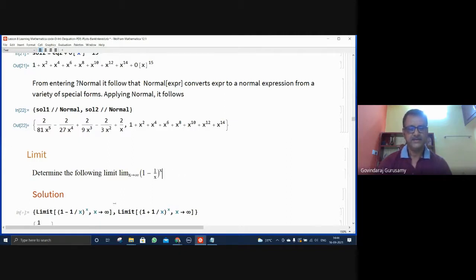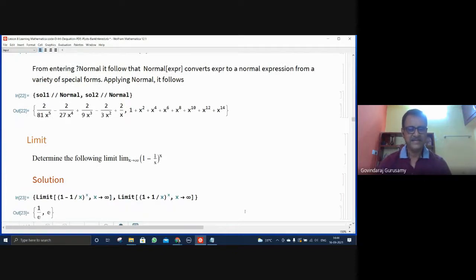You notice this number? He has given in fact both of them. You can see this, change the sign here. Change the sign here. Now you see this is going to be an interesting number or interesting function which we are familiar with. This is going to be 1 by e, which is e to the minus 1, and this is e with the plus sign.